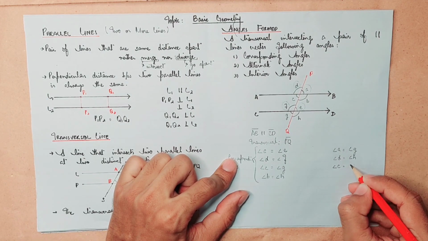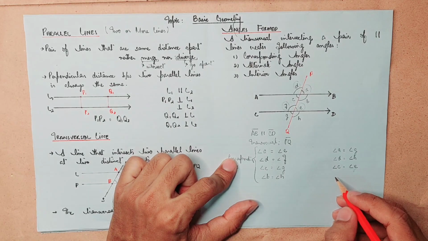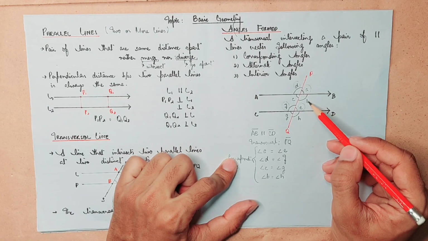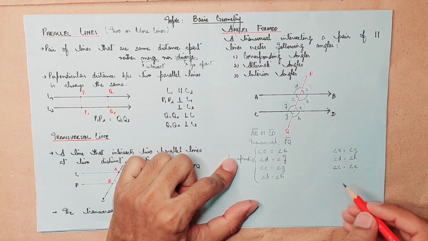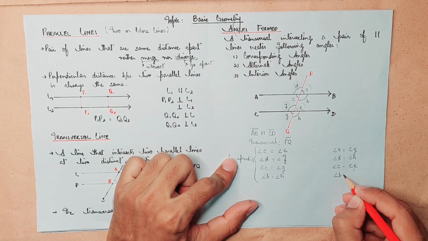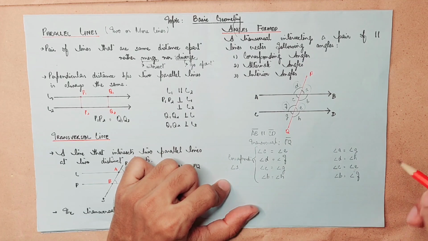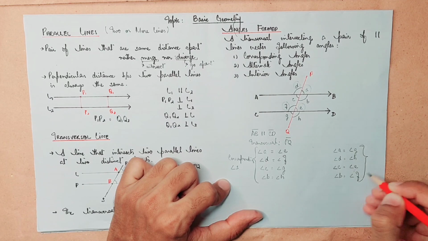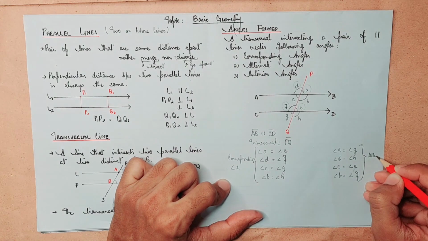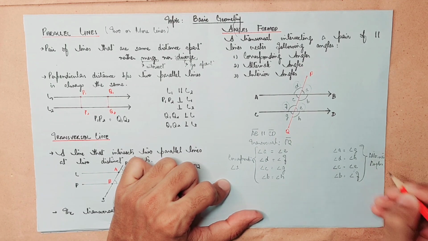Fourthly, angle B and angle F are alternate angles. In this way we have produced 4 pairs of alternate angles using this property. So these are the alternate angles.